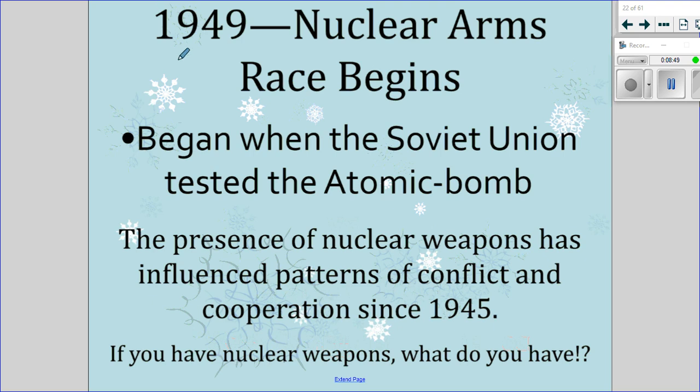In 1949, thanks to a healthy spy network in the United States atomic program, the Soviet Union explodes its first atomic bomb. They had a ton of spies in Los Alamos and other places.